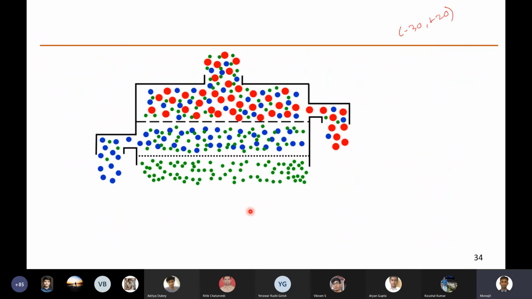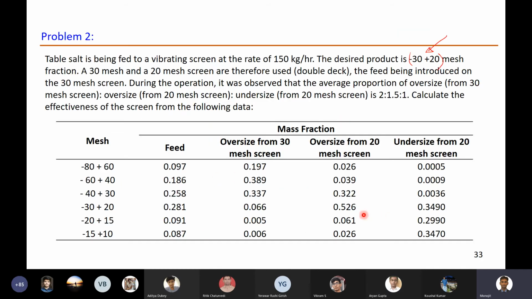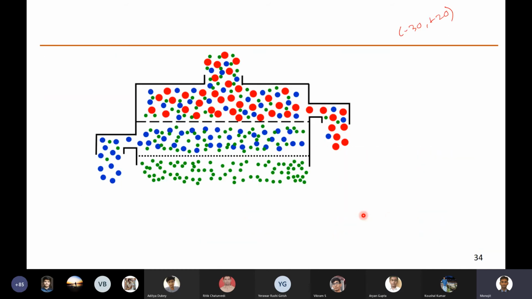Which one is that? Second layer. Left one. Yeah, this one. And what was the last one? This is the undersize of the 20 mesh screen, right? And this one is the feed. So that's why you have 4 columns, one for this one, one for this one, one for this one, and one for this one.